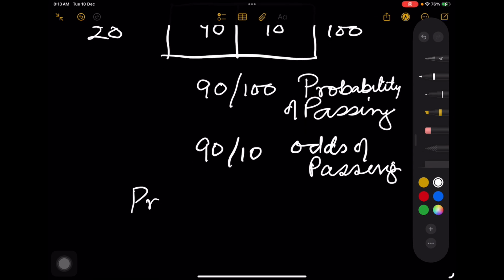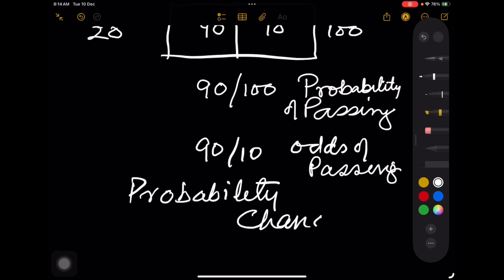Probability is also sometimes referred to as chance of passing.